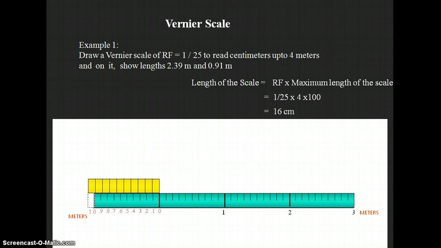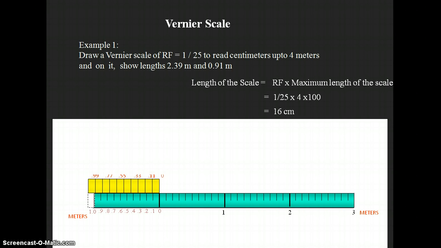How? Here we have taken an extra point as 1.1. By considering the length of 1.1, we have constructed a small rectangle, that is the Vernier scale, and we have divided it into 10 equal parts. That means 1.1 by 10 means 0.11. So here each division represents 0.11 meters.